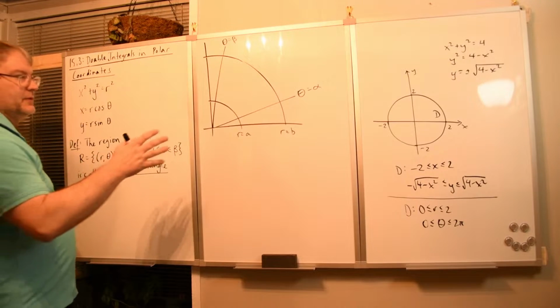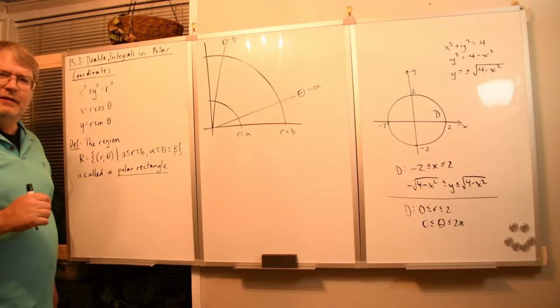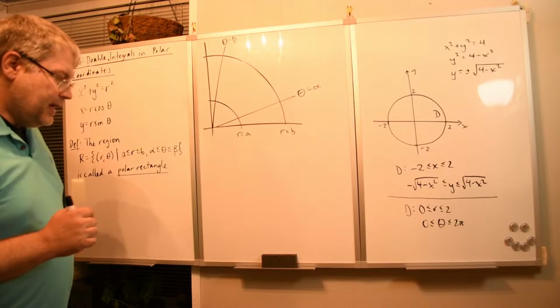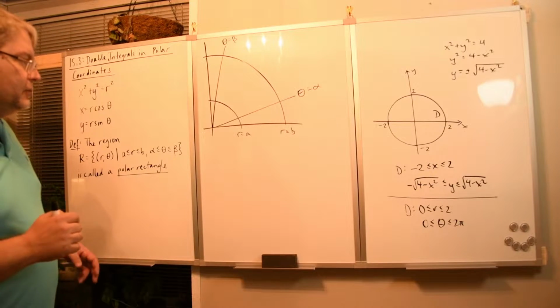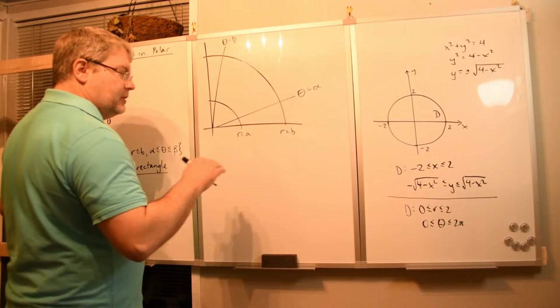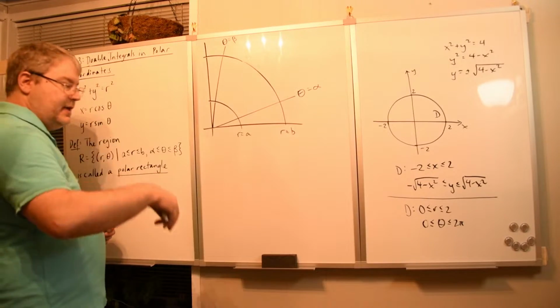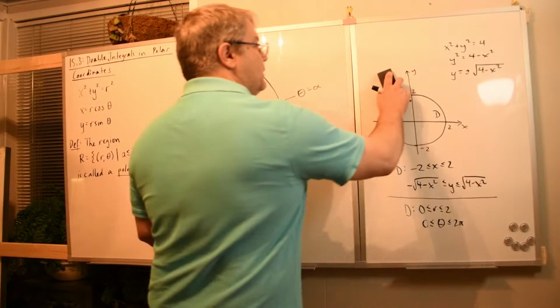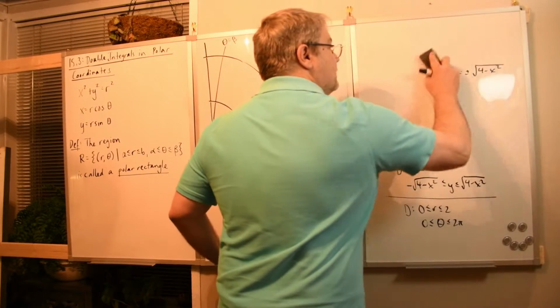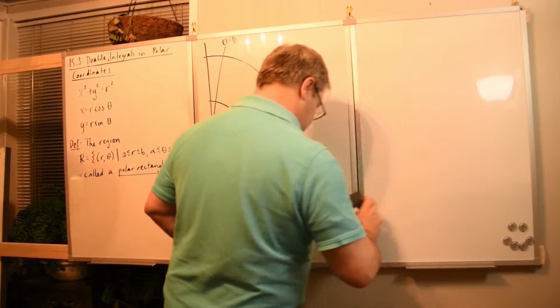Now you might look at this once again and say, well, this doesn't really look like much of a rectangle to me. However, if you were to think about having some sort of r-axis and some sort of theta axis, like the following.